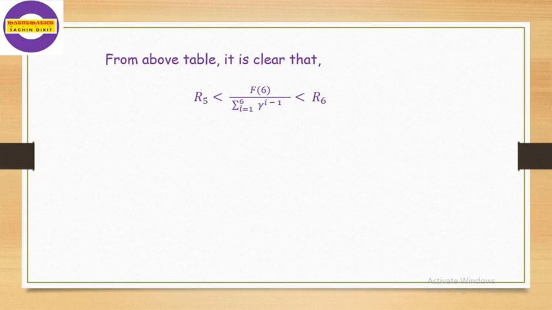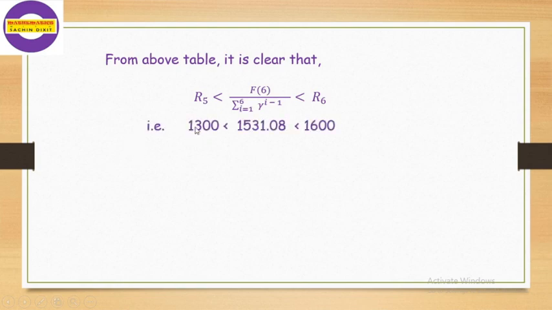The remaining 5 and 6 will be the same. R5 is less than F5 divided by summation i varies from 1 to 5 gamma raised to i minus 1, less than R6. Just take this mistake: we have to replace this 6 by 5.